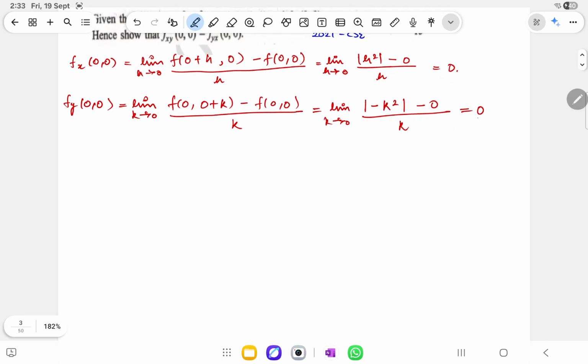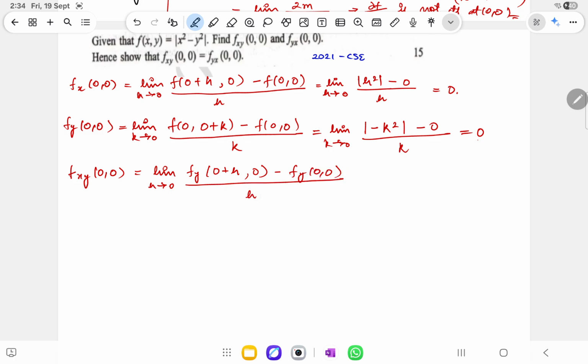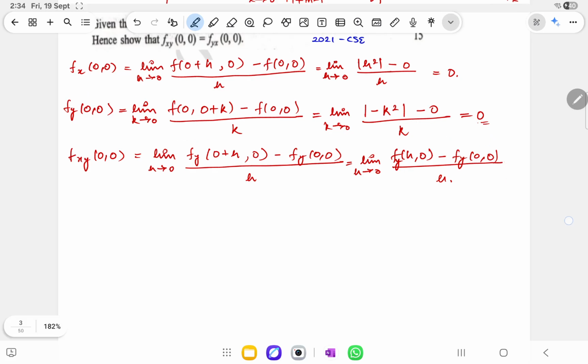But we are supposed to find the limit for f_xy(0, 0). This will be equal to the limit as h approaches 0 of [f_y(0 plus h, 0) minus f_y(0, 0)] divided by h, which is the limit as h approaches 0 of [f_y(h, 0) minus f_y(0, 0)] divided by h. We know what f_y(0, 0) is from here, but we don't know what f_y(h, 0) is. So let us find out this value as well.